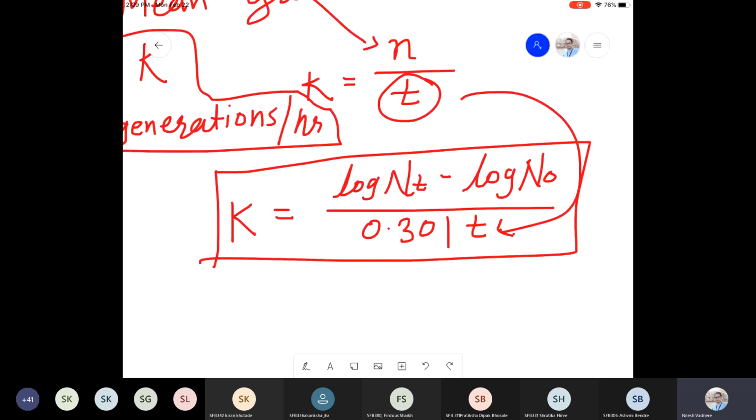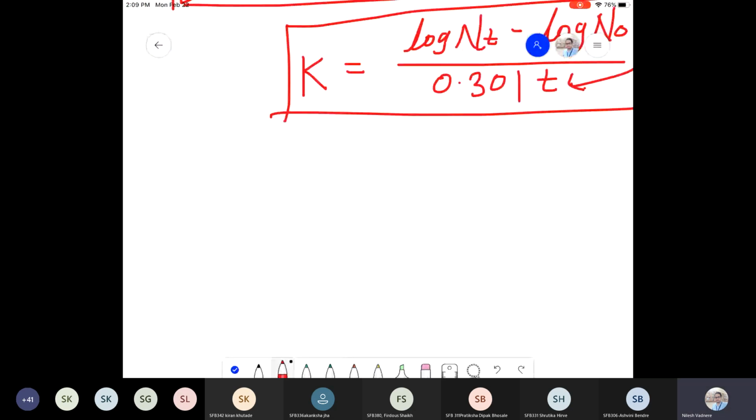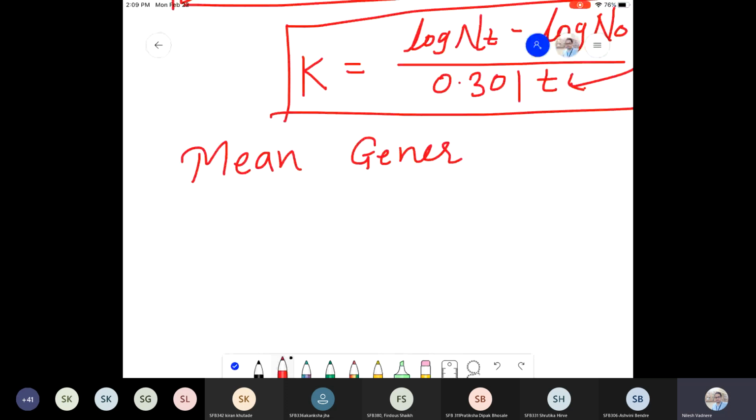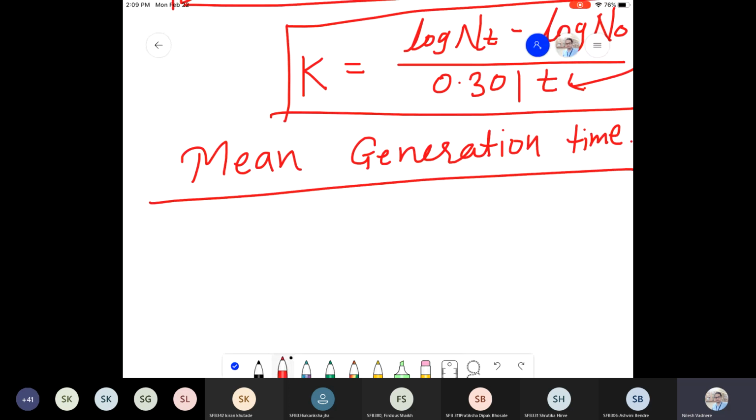Now we will move on to the generation time. In generation time, the cells double in number. So we will calculate the mean generation time. The mean generation time is the time that a population takes to double in size.